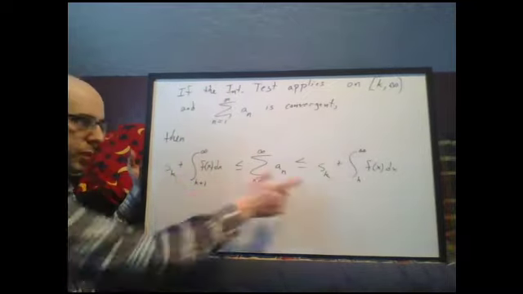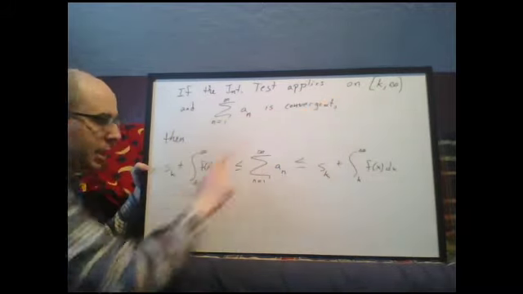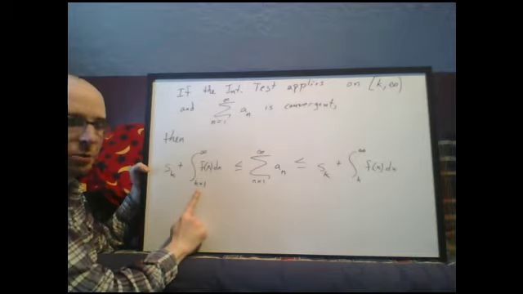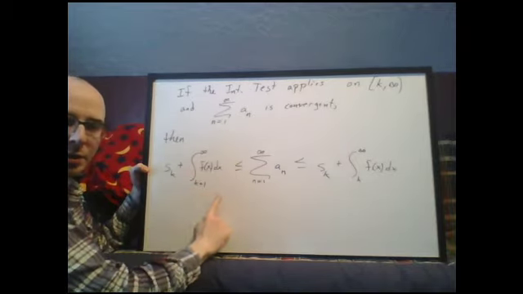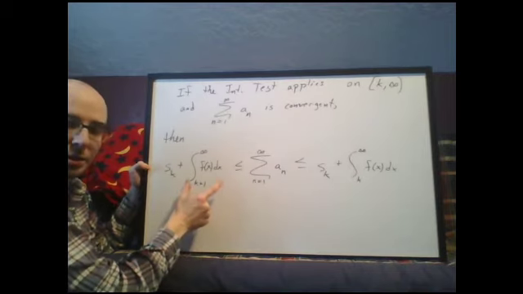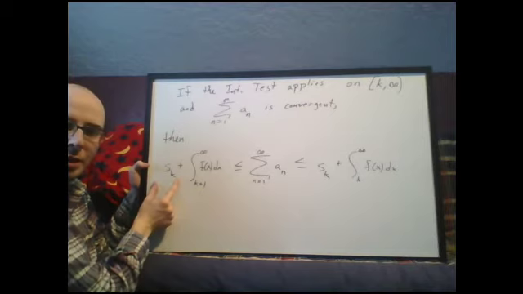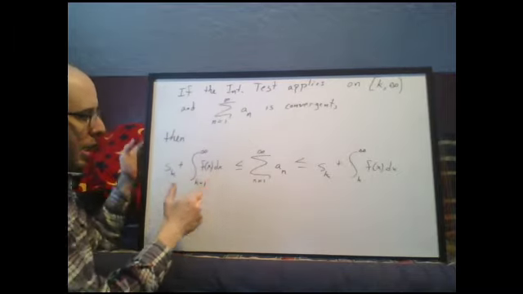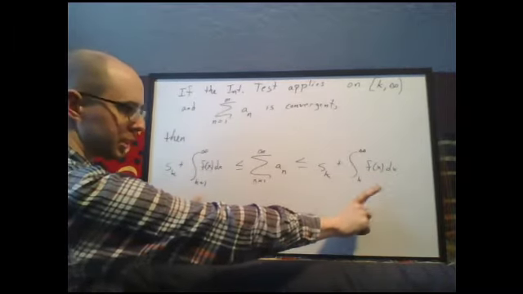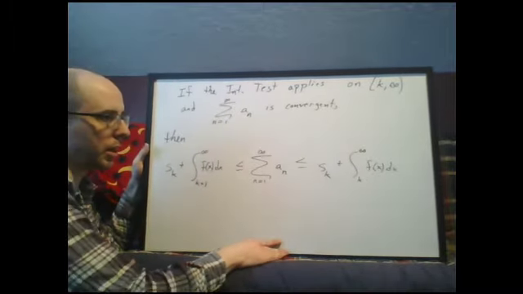So this is very similar. If the integral test applies starting at k, it also applies starting at k plus 1. So if it's a convergent series, this integral also is convergent. So we can compute its exact answer and add to it the exact answer for the kth partial sum. So this will be a number. And it'll be smaller than this integral. This is definitely smaller than this because you're integrating less of the area.